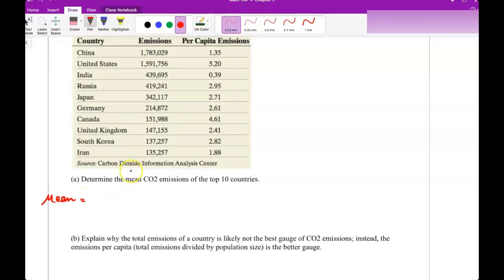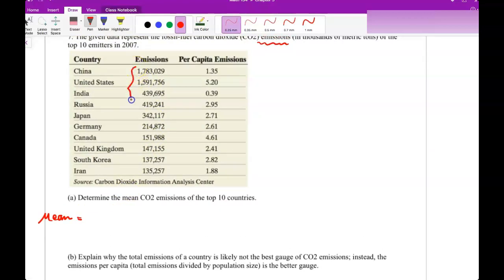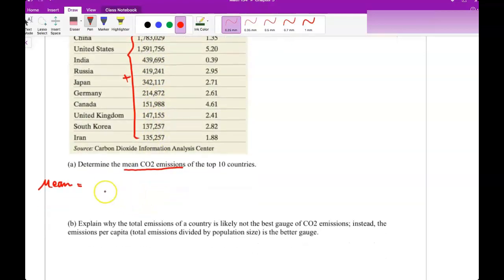So mean is equal to adding all these numbers. It's asking to find mean emissions. This column is emissions. Adding all these numbers divided by how many observations we have? 1, 2, 3, 4, 5, 6, 7, 8, 9, 10, because we have 10 countries.